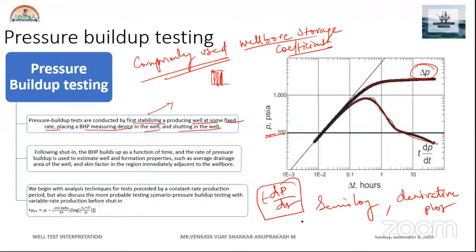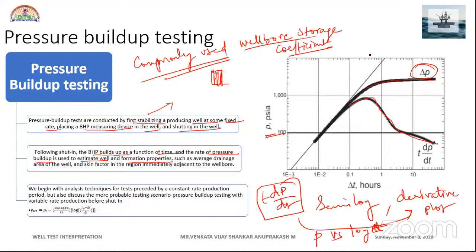That will give you the derivative plot. Whereas in the semi-log, it is plotted between pressure versus log of t, where t means delta t. So flowing, then shut in, the BHP builds up as a function of time, and the rate of pressure buildup is used to estimate the well and formation properties.